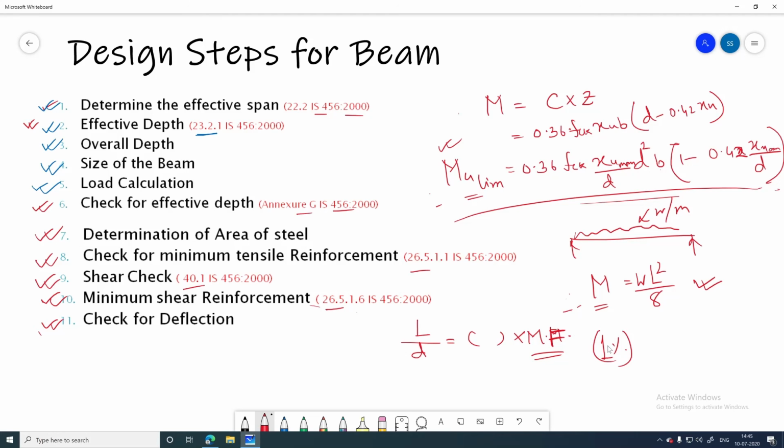And for the slab it is 0.4 to 0.5%. But when we finally came to this particular stage, we got the Ast required and also the Ast provided. So we will put this value and get the modification factor, and then we will determine the L by d.